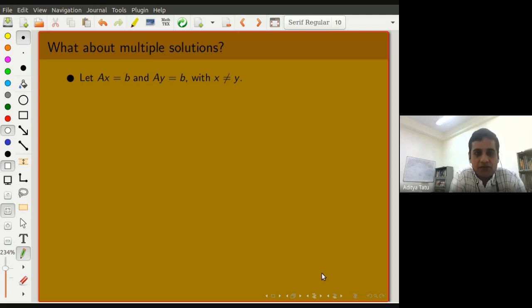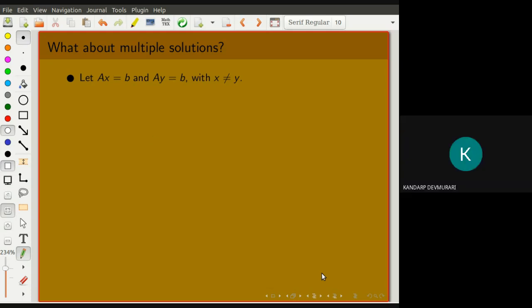What can we say about this? What will happen? So if we subtract these two equations, what will we get? A times (x minus y) is the 0 vector.